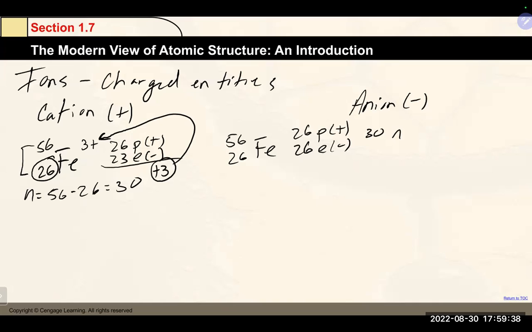It becomes positively charged compared to its neutral counterpart. It has fewer electrons, so it actually lost electrons. And that's how cations are formed, by losing electrons. The plus tells you that the ion lost electrons. The number tells you how many electrons it lost from the neutral element.